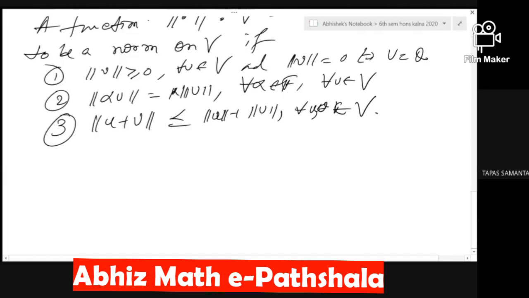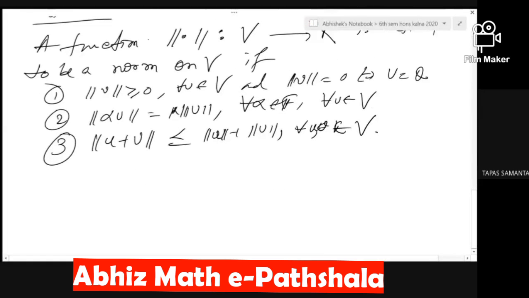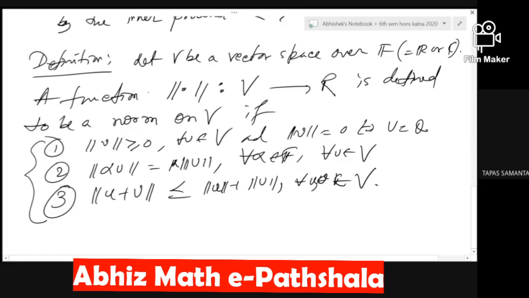So in this way, we have defined a general concept of a norm, which has three basic axioms: number one, number two, and number three. And any function having these three axioms will be called a norm.